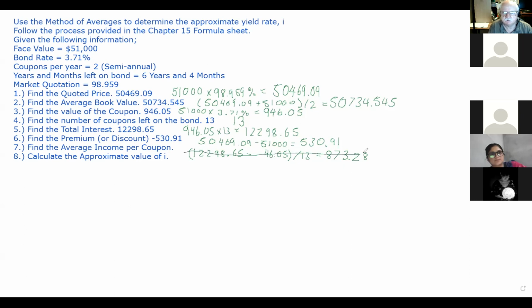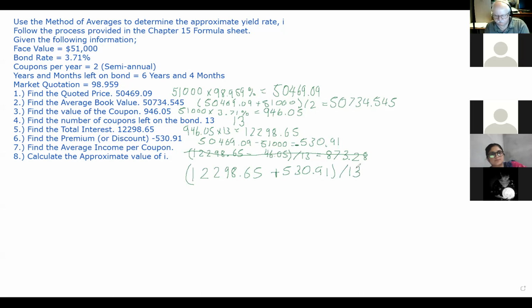Let's just cross it out and try it again. 12298.65 minus the premium of 530.91, and this was negative. So this is going to have to be a plus here. And all that divided by 13.